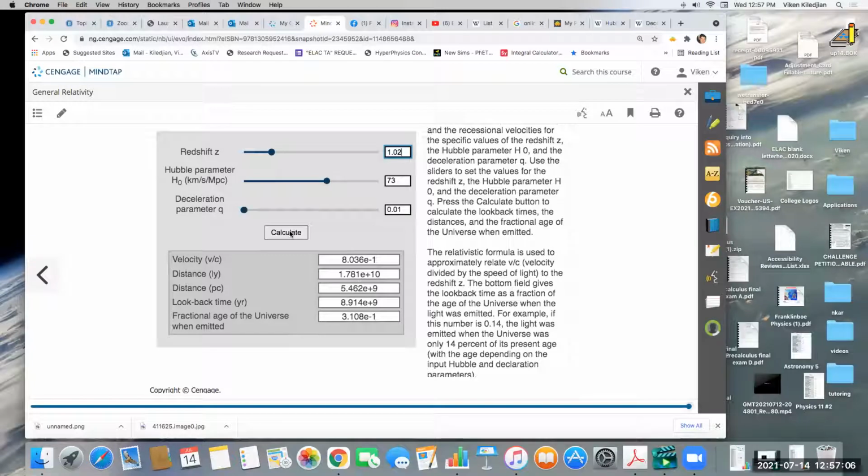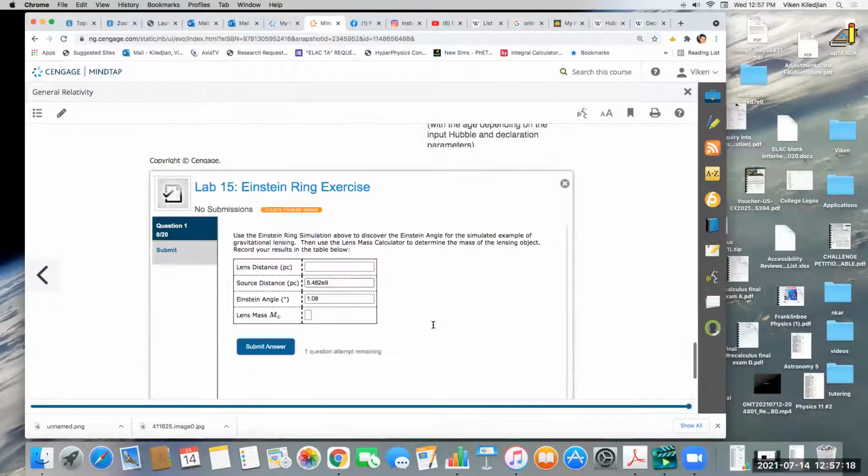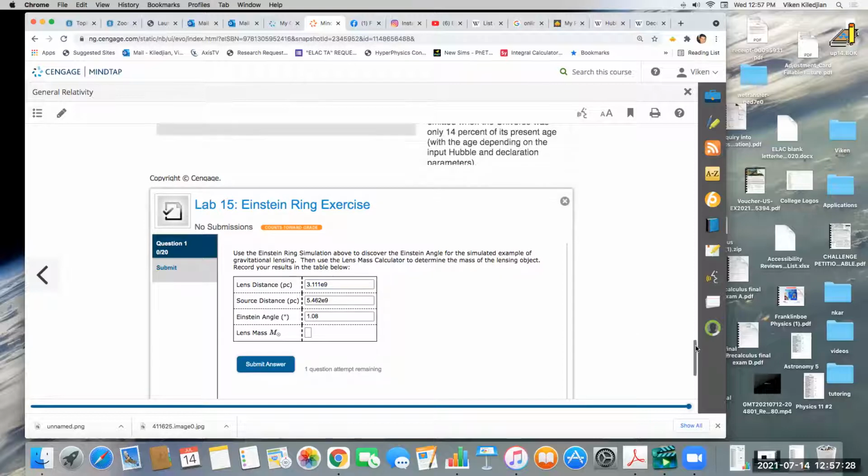Okay, so now calculate. So the distance is, hold on, so redshift 1.02. Oh, there you go. So 3.111 e to the 9. Okay, but now I got to put the new lens mass.